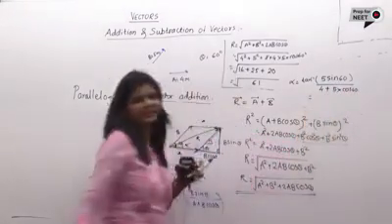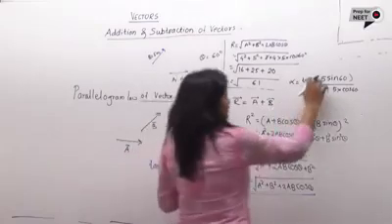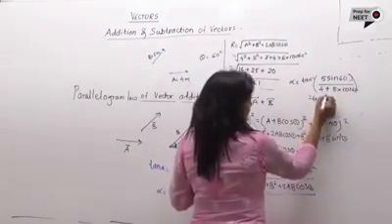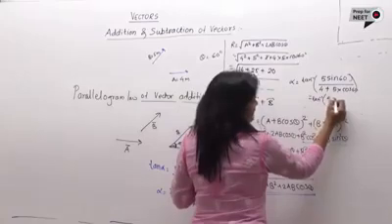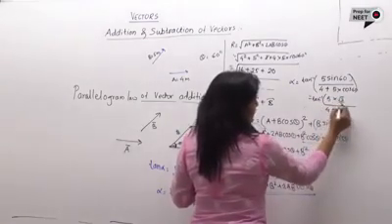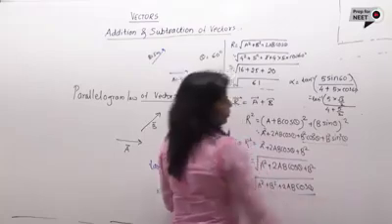Put the values, get the answer, right? So it's tan inverse of 5 times root 3 by 2 divided by 4 plus 5 into half.